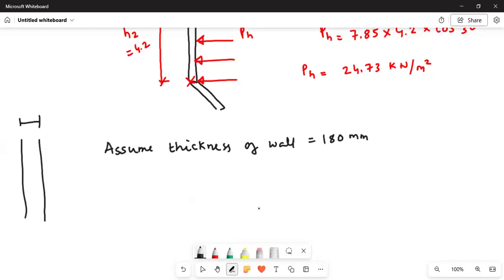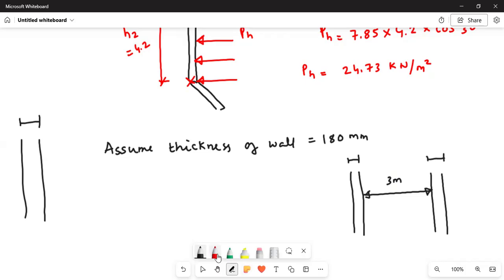Now this is one side wall, and this is the other side wall, and the clear distance between them is 3 meter, and the thickness of the side wall is 180 mm.